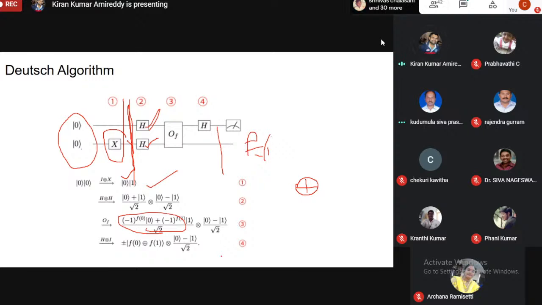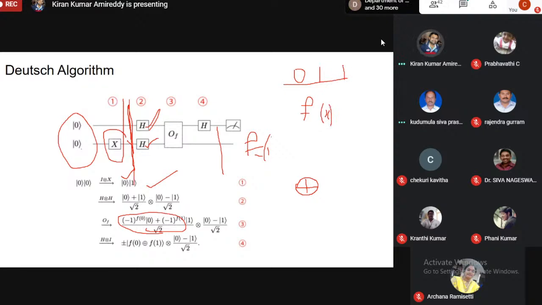So here we can also define some of the functions if we are operating in a domain. Suppose the domain is 0 and 1 and our function is f of x. So our output is already defined.